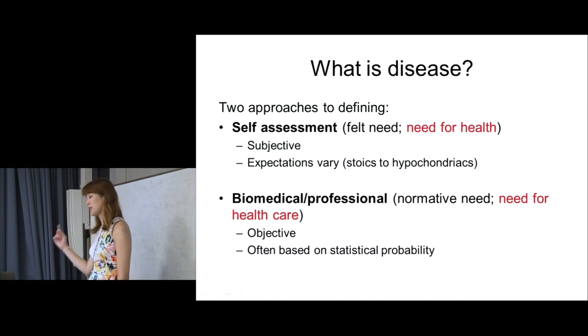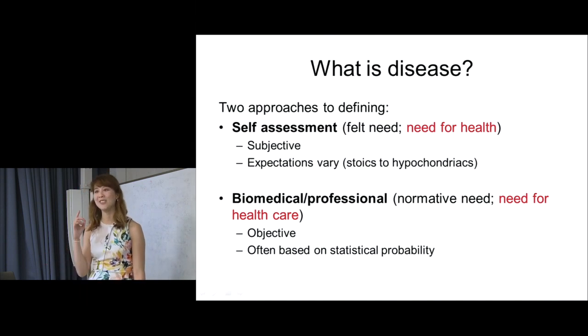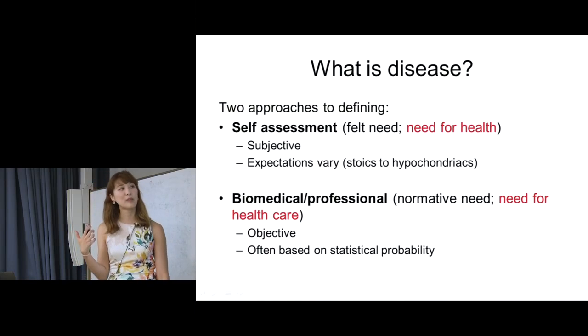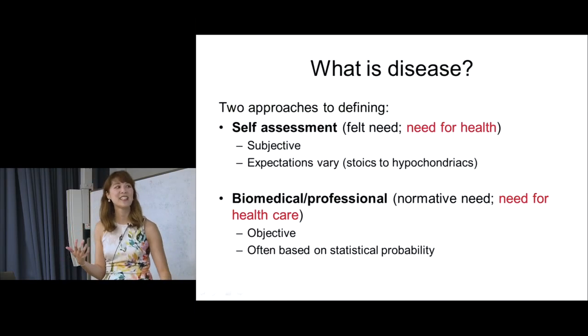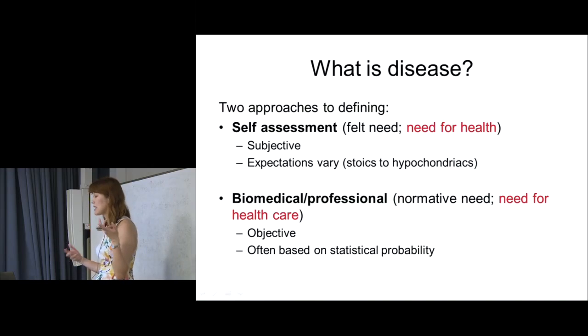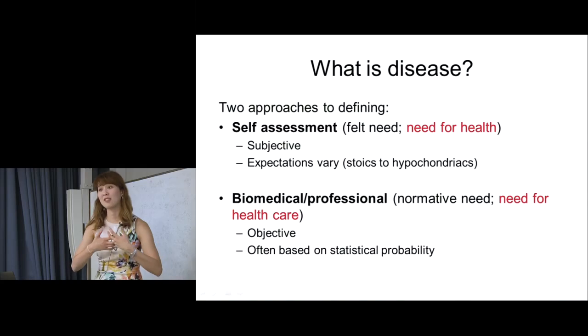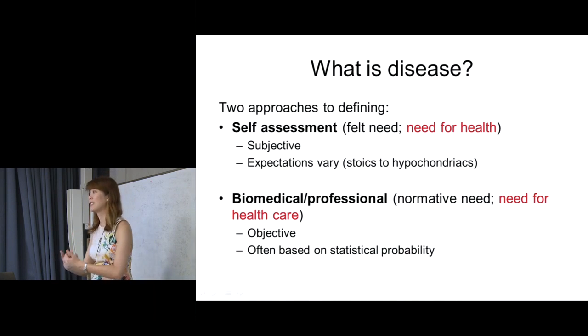Then we have a different perspective of disease, the biomedical perspective, which we are all very familiar with in our professional capacities. We sometimes call this the need for healthcare, a normative need. And it's normed because the doctor or the professional says you have a disease. It's objective. It's often based on a combination of signs and symptoms and measures, probability, blood tests, statistics.